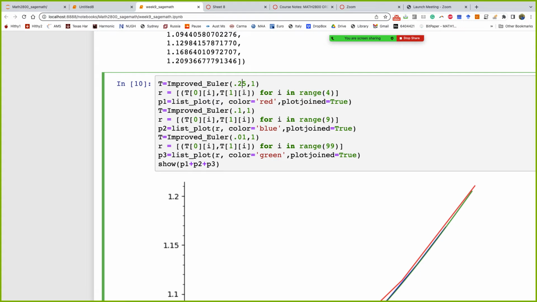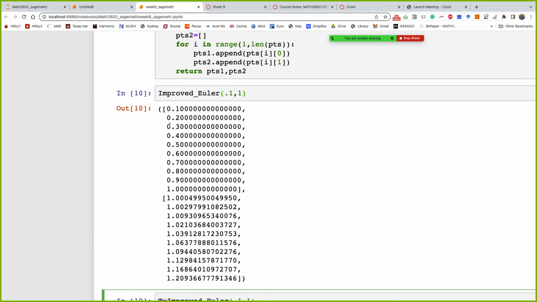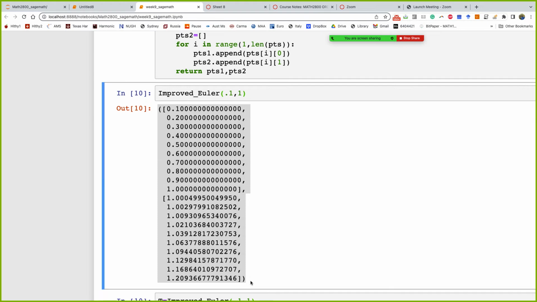Right, so I'll take the improved Euler method here using 0.1. What I'm going to do is plot this one. This t, as you see, has two components, and each component has got 10 elements.